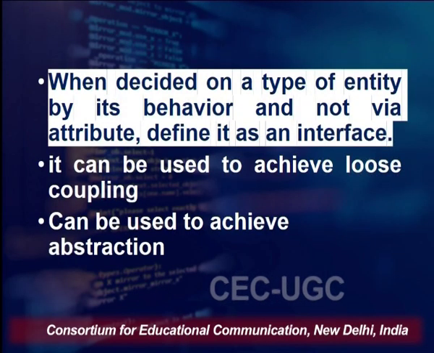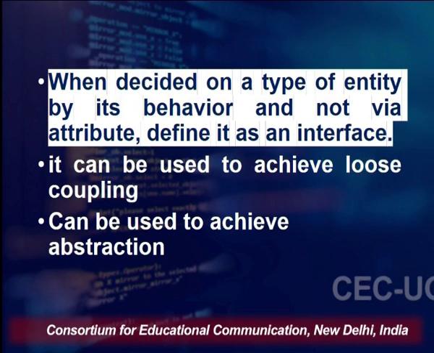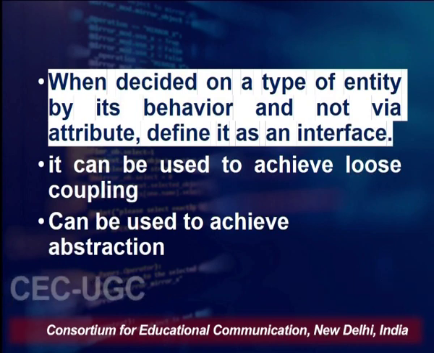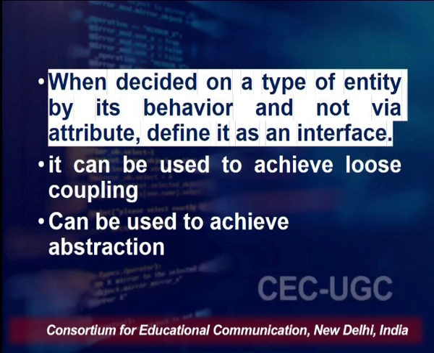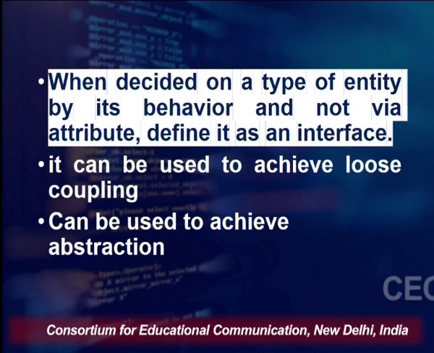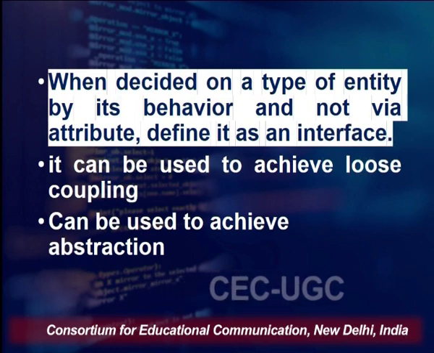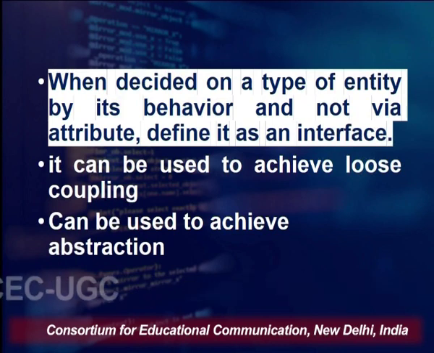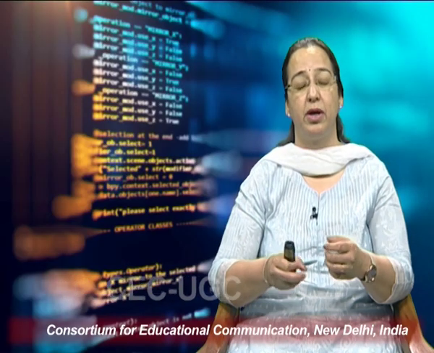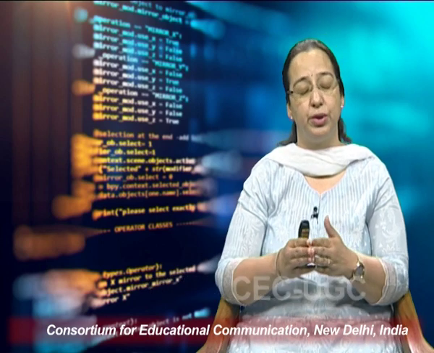When we have decided on the type of entity by its behavior, but not by its attribute, we are defining an is-a relationship, and that is going to be defined with the help of an interface. This interface can be used to achieve loose coupling, and it is also used to achieve the abstraction that I have told you about.